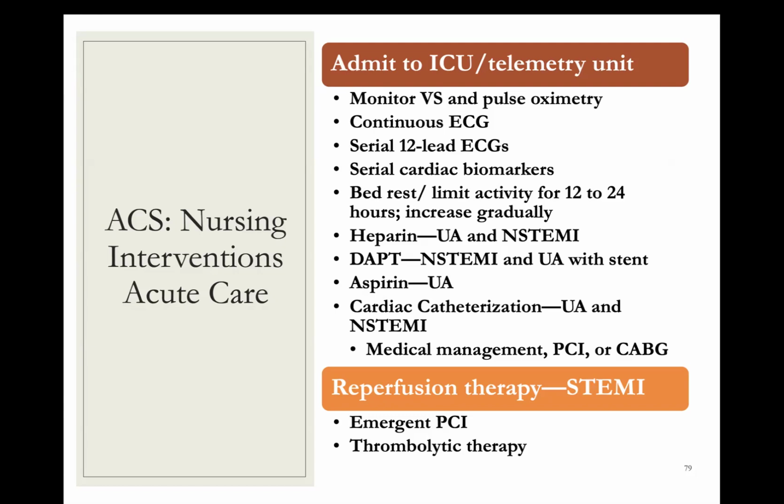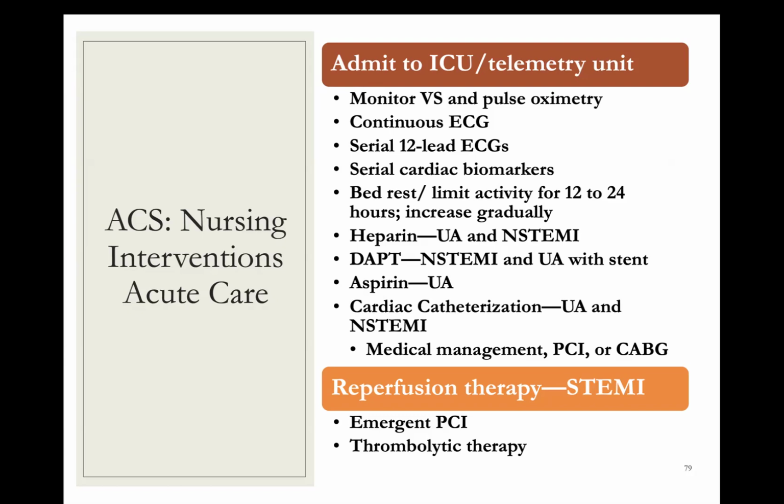We're going to do serial cardiac biomarkers, so expect troponins to be drawn roughly every 6 hours. Patients will be on bed rest or have limited activity for the first 12 to 24 hours and then gradually increase their activity.